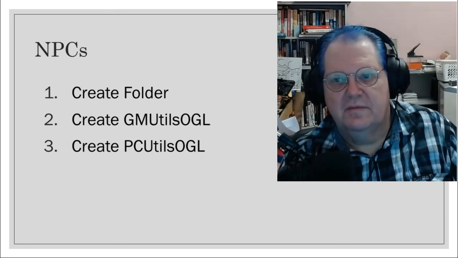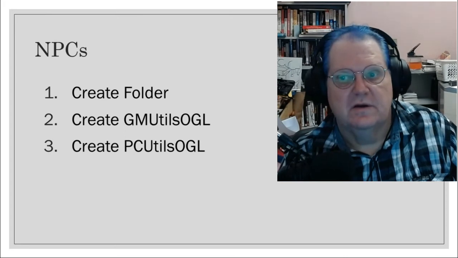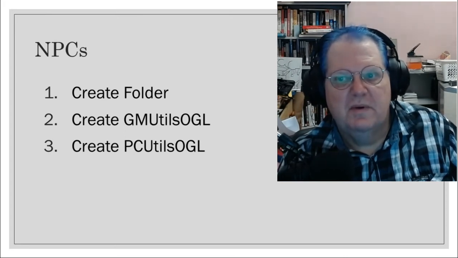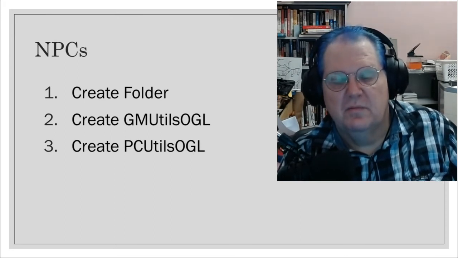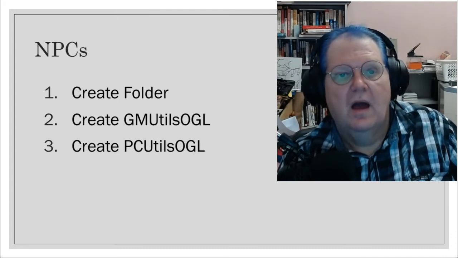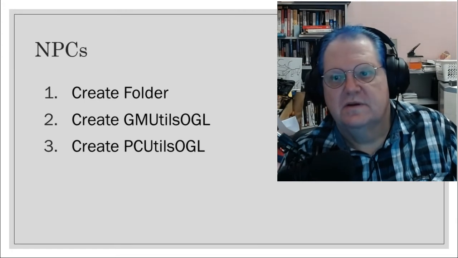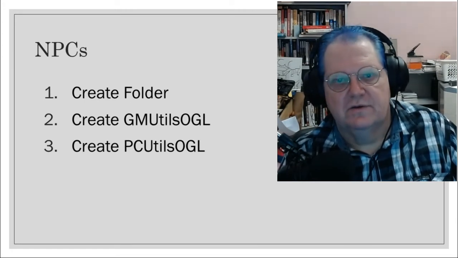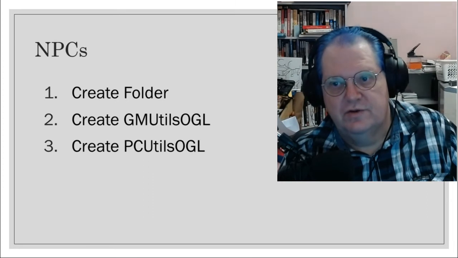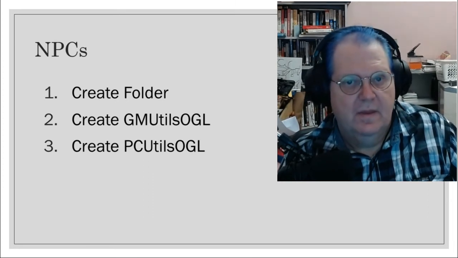That means that they're going to be able to dig around a little bit themselves, peep underneath the cover and find out what's swept under the carpet in the corner. I don't want them to do that with the GM stuff. So they will not have any rights at all for the GM Utils OGL NPC.